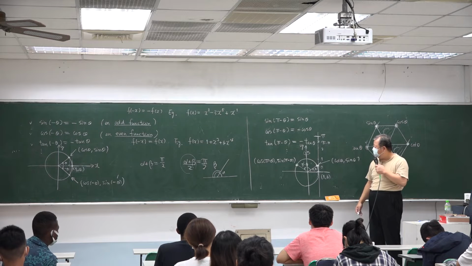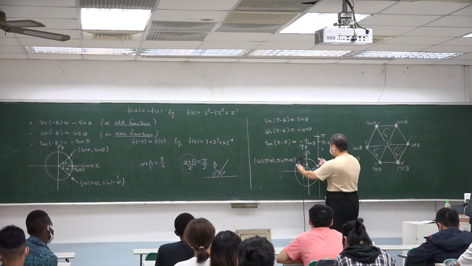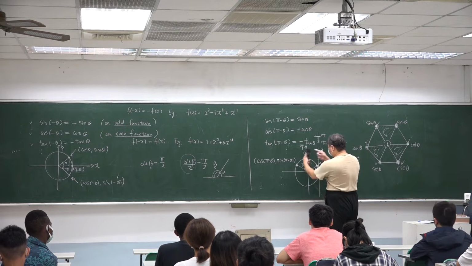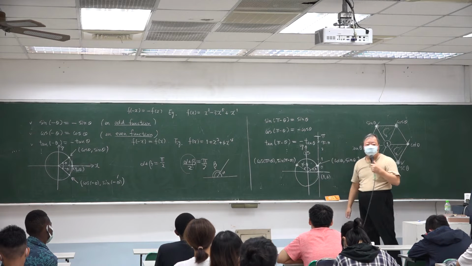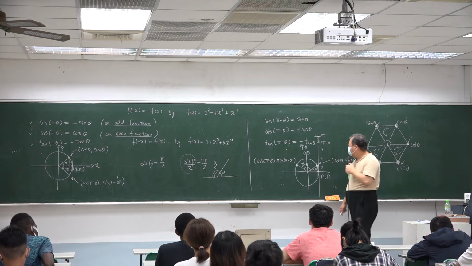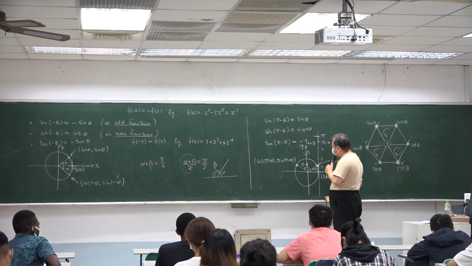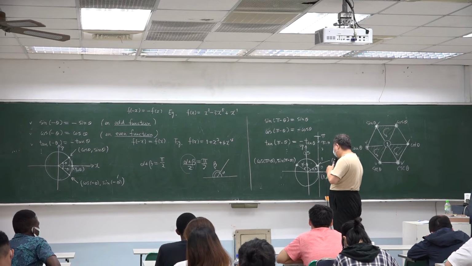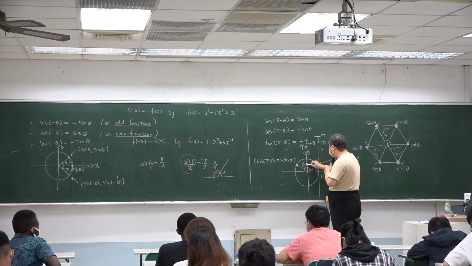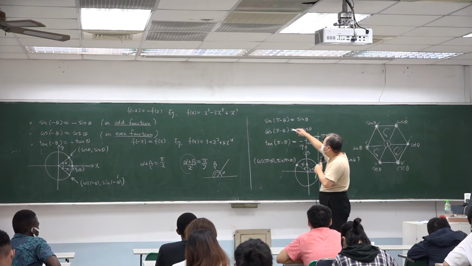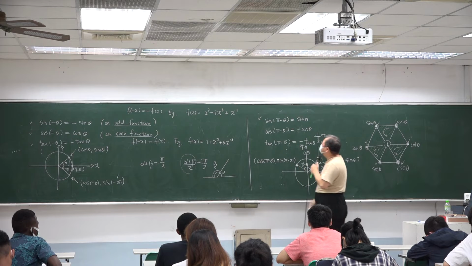No matter where theta is, it is always symmetric about the y-axis. If two points are symmetric about the y-axis, then their y coordinates are the same. So this one and this one are the same. We obtain the first identity.